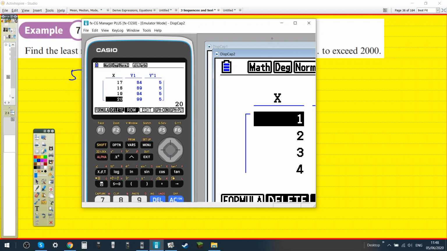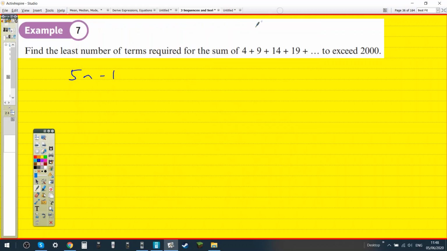Oh, no. Hang on. It's because this is the sum. It's not a sequence. So would I do the normal formula, like n over 2 and all that?